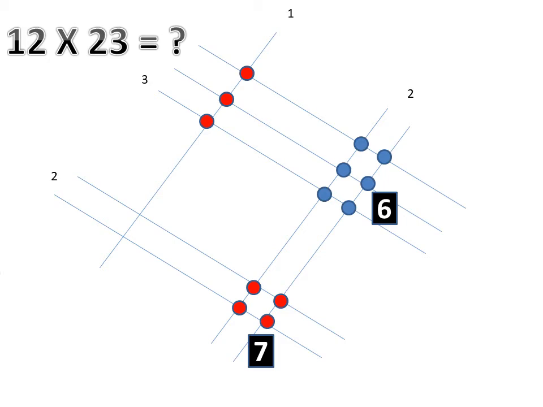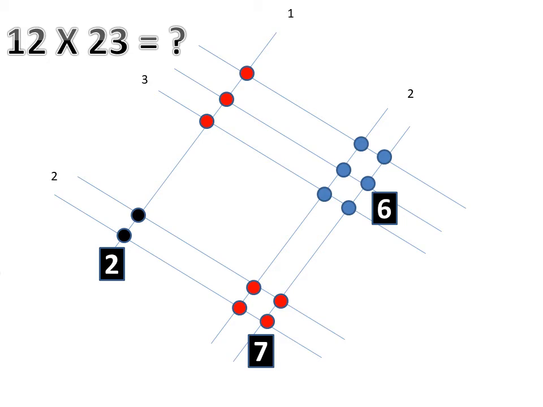And we can now start counting the intersections of lines for our first column. We have 1 and 2. Again, for our first column, we have 2 intersections.